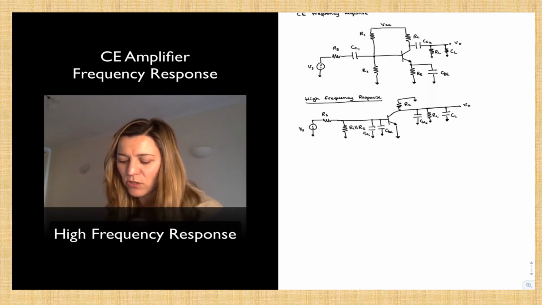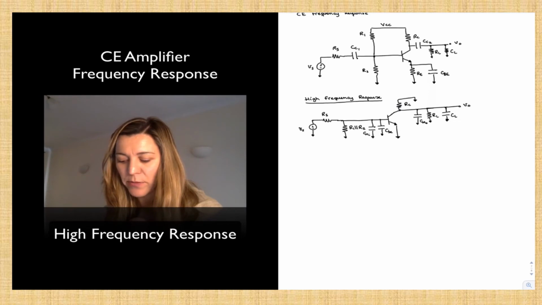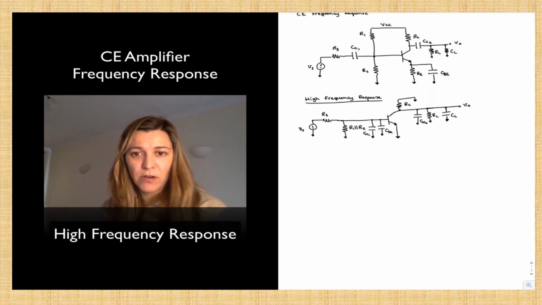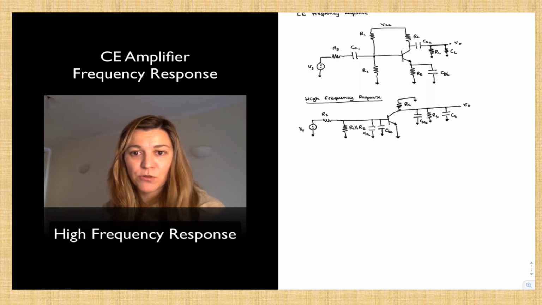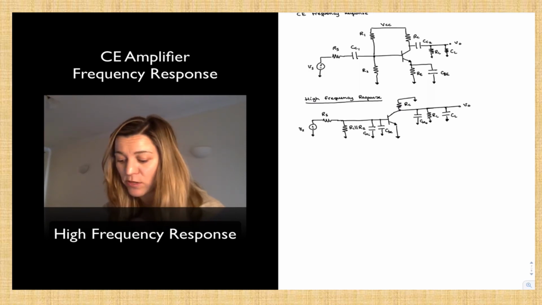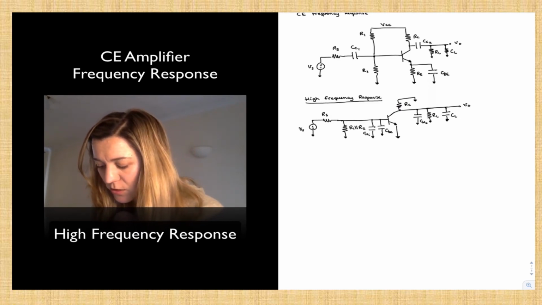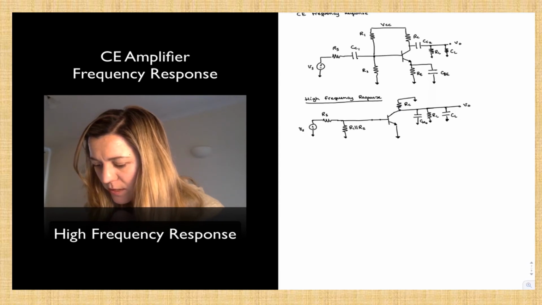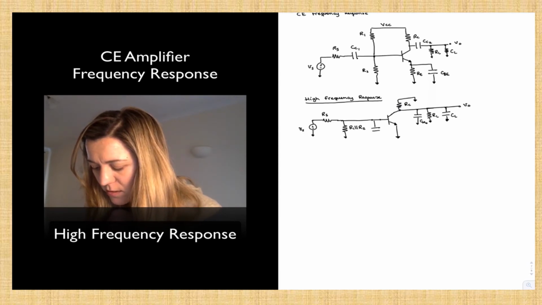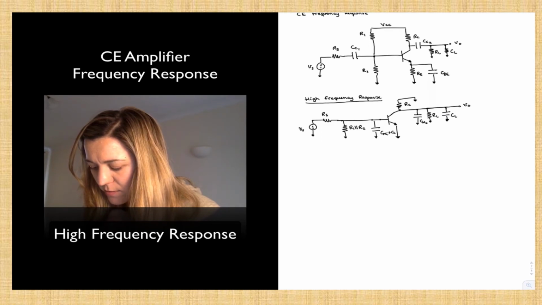But notice that they're connected in parallel with each other, so CMI is connected in parallel with CBE, so the parallel combination of the two is just going to be equal to an equivalent capacitance of value equal to CMI plus CBE. In other words, I can combine these 2 capacitors as just being one capacitor of value CMI plus CBE.